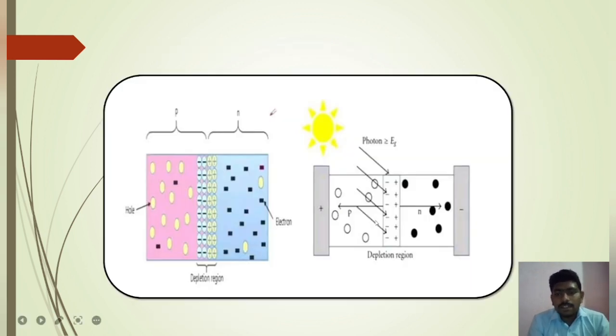In this diagram, holes are generated towards the P type semiconductor, and electrons, the negative charge, are generated towards the N type semiconductor. A depletion region is formed between the P type and N type semiconductors.